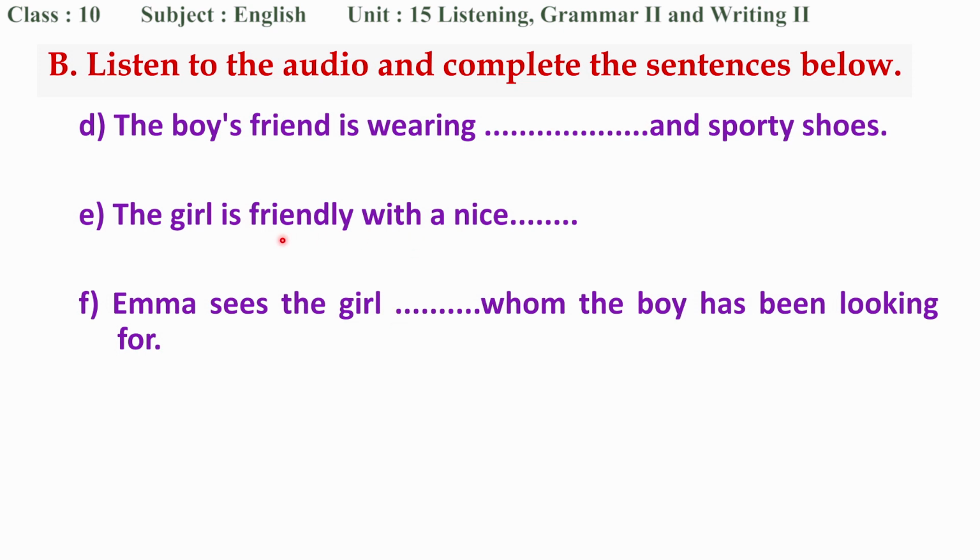She's wearing a yellow dress and white sporty shoes. Okay. I'll try to help you find her. Thank you so much. She's very friendly and has a nice smile. Oh, look. Is that girl across the street your friend? Wow. Yes, that's her. Thank you, Emma. You're welcome. Just go and get her.